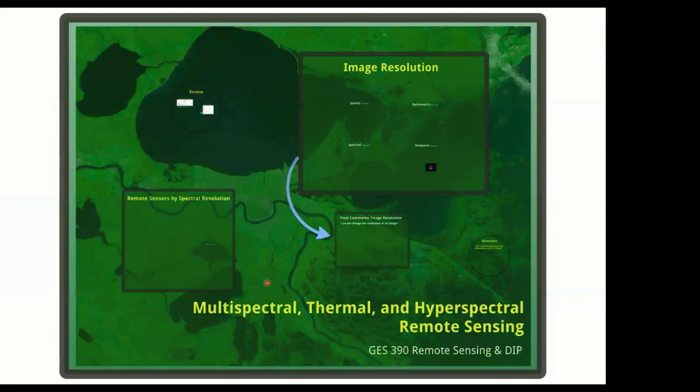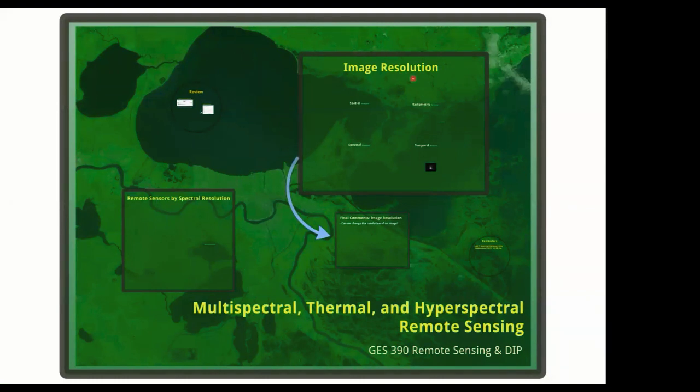That's the quick review. Today we're going to talk about some related but more specific concepts on sensors and images. Today's topic is multispectral, thermal, and hyperspectral remote sensing. Also, on the biggest slide I have here, we're going to spend most of the time today talking about image resolution.